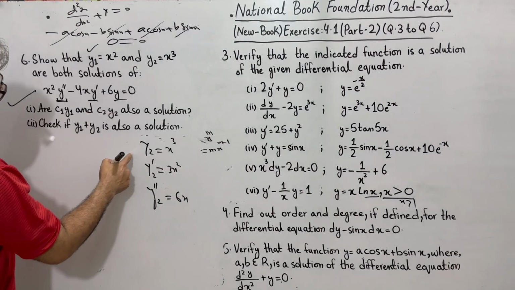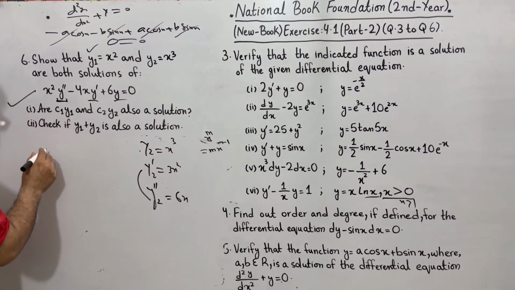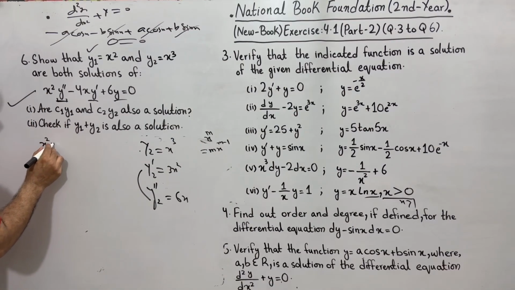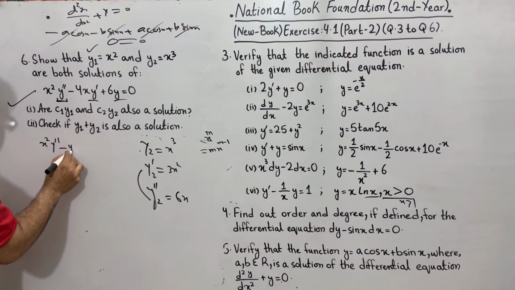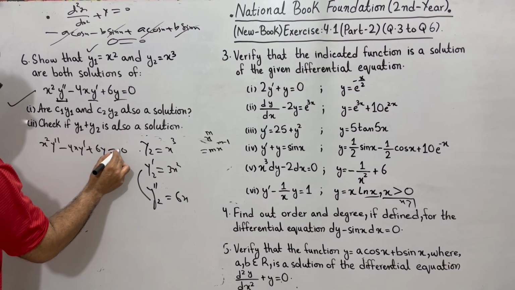Single derivative, double derivative, and y. Put them again in the same differential equation: x square y double dash minus 4x y dash plus 6y is equal to 0.